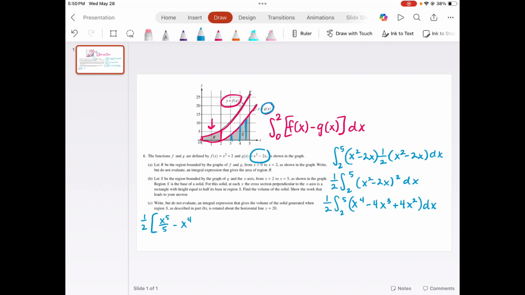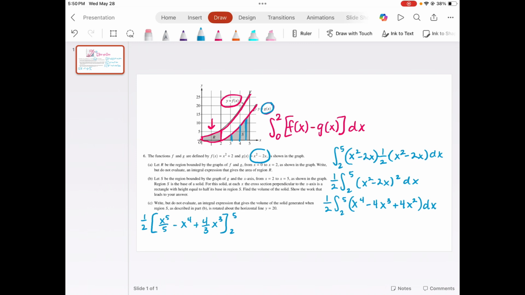And then I'll have plus 4/3 x to the 3rd. Okay, and I'm going to be taking this from 2 to 5. All right, so when you're integrating, you just add 1 to the exponent and then divide. So that's what I did for all 3 of those.